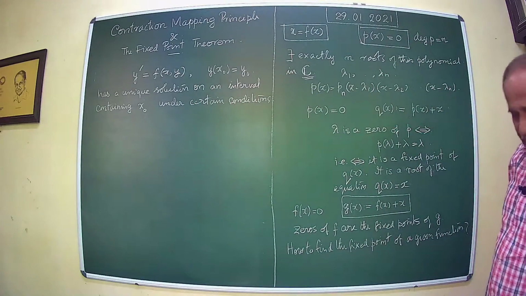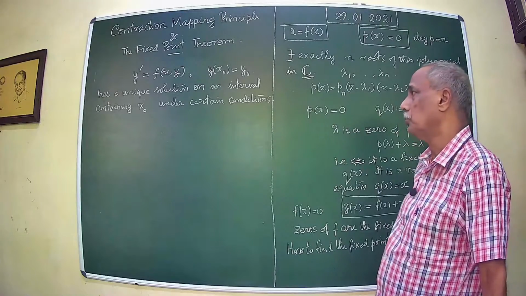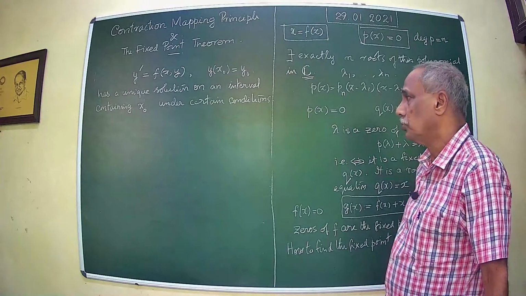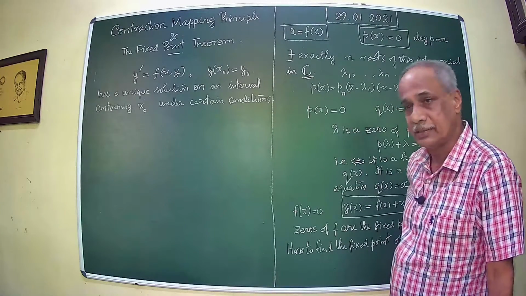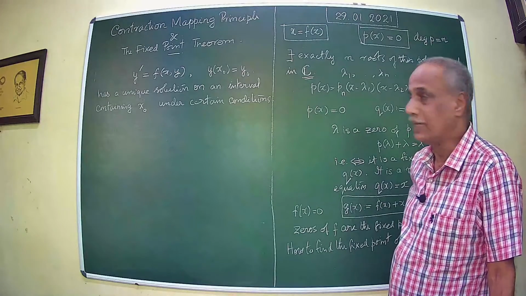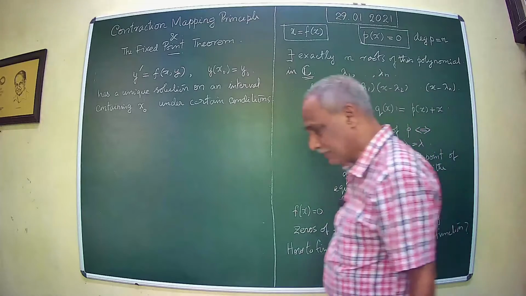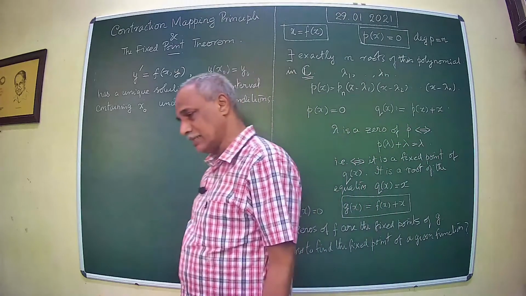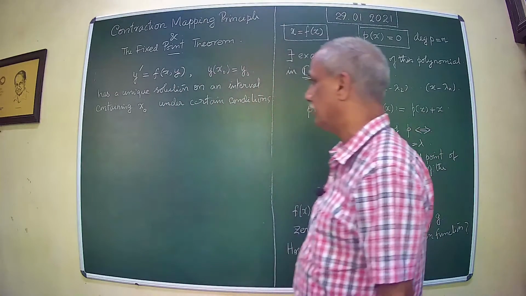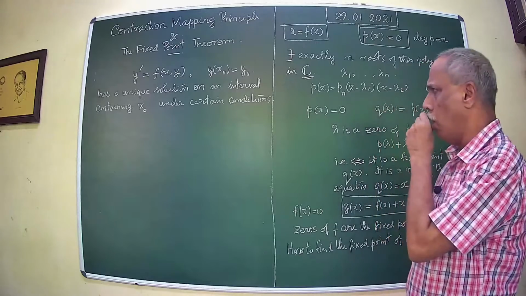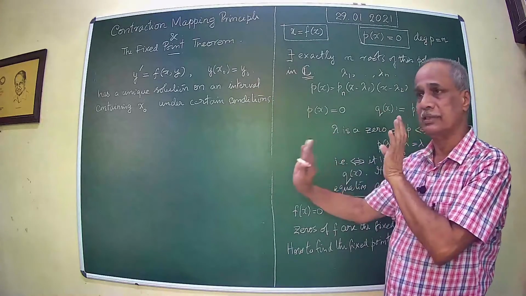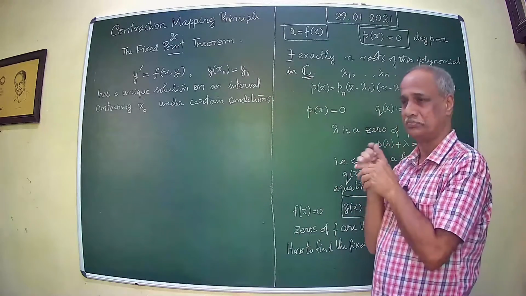Now the problem is how to establish this. It's a general theorem. F is satisfying certain general conditions like continuity, and then you are asking whether this initial value problem has a solution.